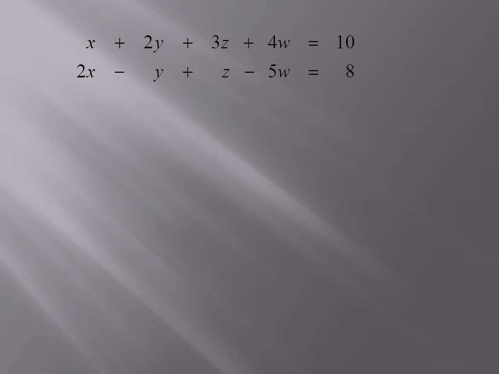I'd like to end with another example where you would get an infinite number of solutions. Here we have a system of two equations in the four unknowns x, y, z, and w. There's the initial matrix of that system. Let's pivot on the number 1 in the first row, first column.